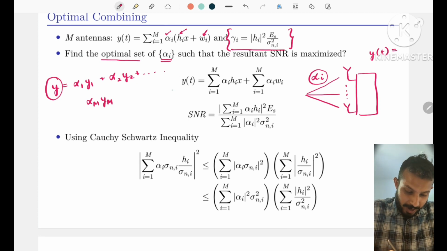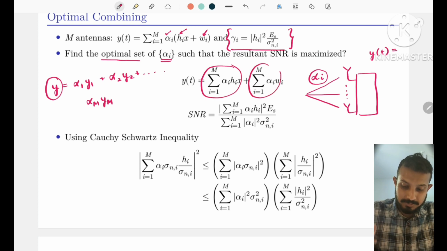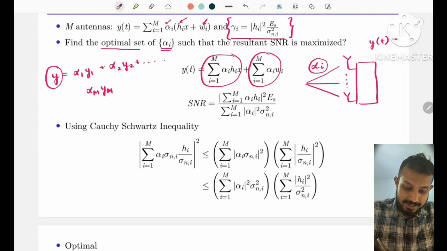So then we can expand this equation. We have y is equal to summation over all number of antennas alpha i hi x plus summation over all antenna elements alpha i times wi. So we have this signal term and we have this noise term. So we can easily compute SNR.